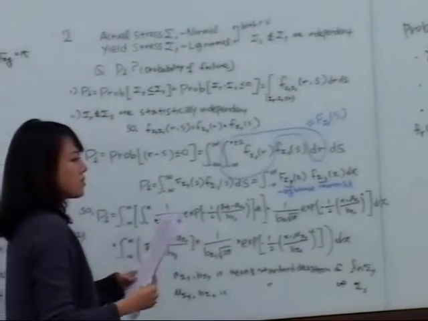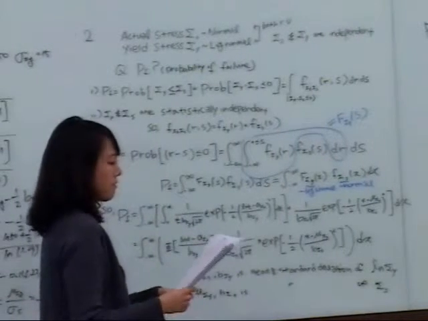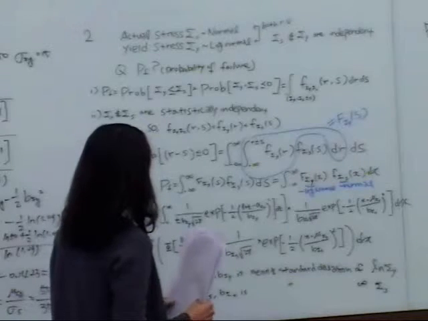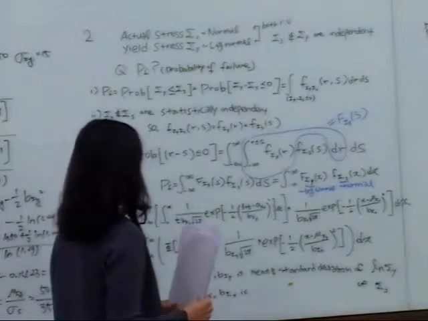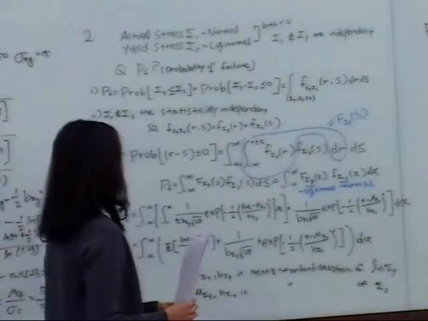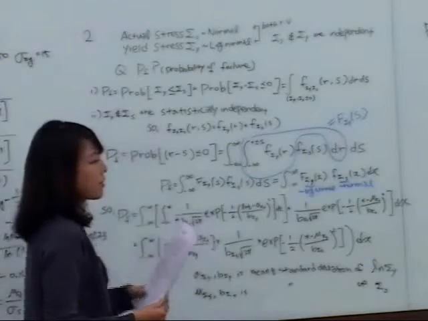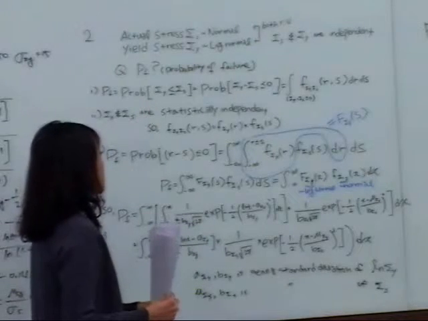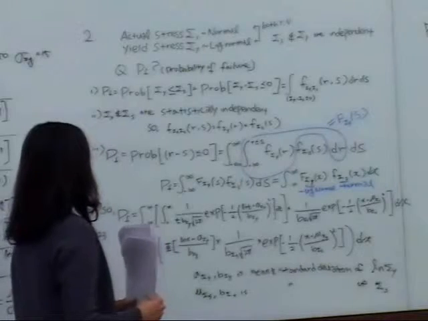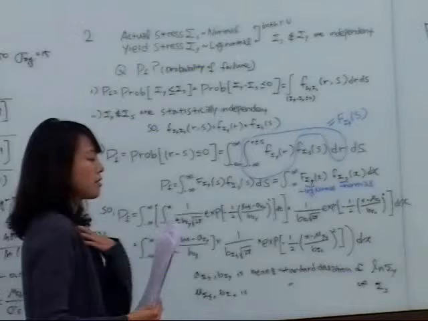Next, this problem 2 is to calculate the probability of failure. In this case, actual stress and yield stress are both random variables, and the actual stress follows a normal distribution and the yield stress follows a normal distribution. So calculate the probability of failure.